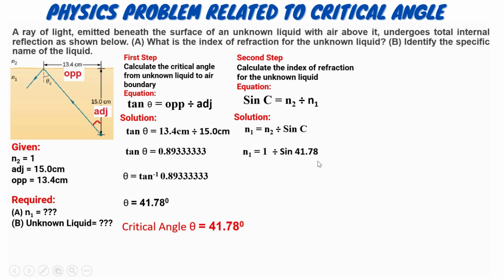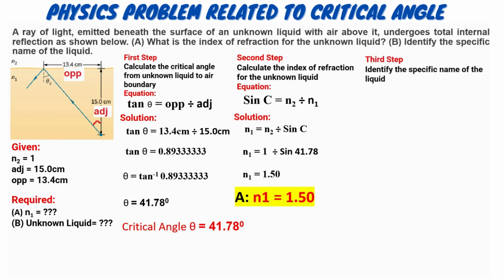The computed critical angle is 41.78. So 1 divided by sine 41.78 will give us 1.5. Therefore, the index of refraction for the unknown liquid is equal to 1.50. So, to answer letter B, we can proceed to the third step, identifying the specific name of the liquid.